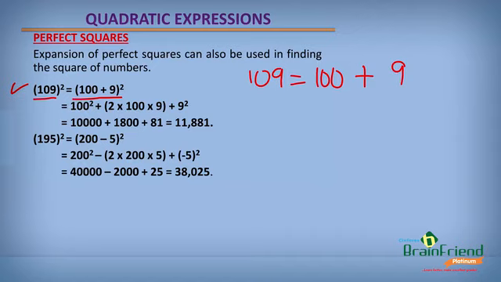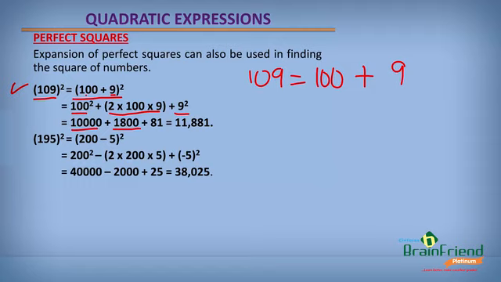So using the law of perfect squares, the square of 100 plus the square of 9 plus twice their product. So what do we have here? We have 100 squared plus 9 squared plus 2 times 100 times 9. So 100 times 100 gives us 10,000. 2 times 100 times 9 gives us 1,800.